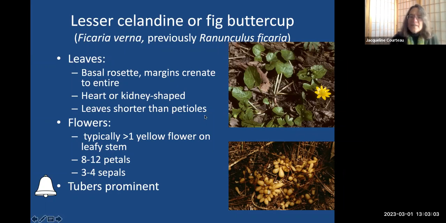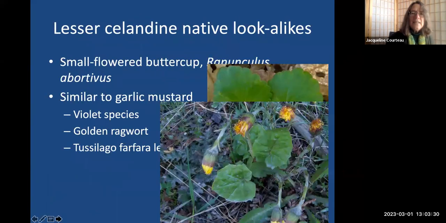The flowers, it's typically more than 1 flower per stem, though this is showing only 1 yellow flower with 8 to 12 petals. So really prominent bell ringer though, this forms tubers, and that will be really obvious in the field because this can just absolutely carpet forest floodplains and other moist settings, but those tubers are going to be really key.